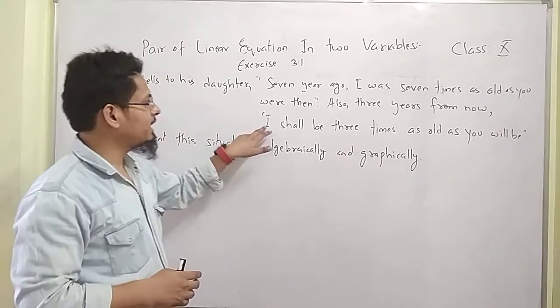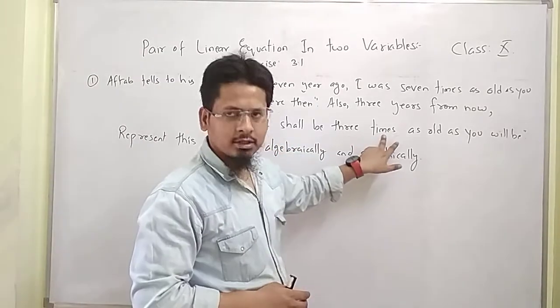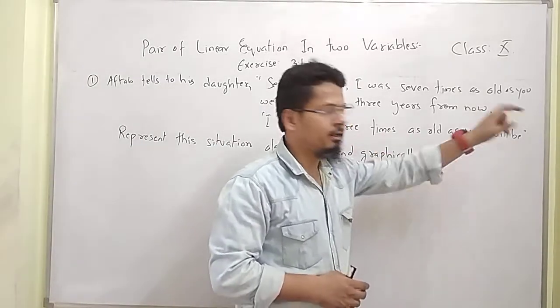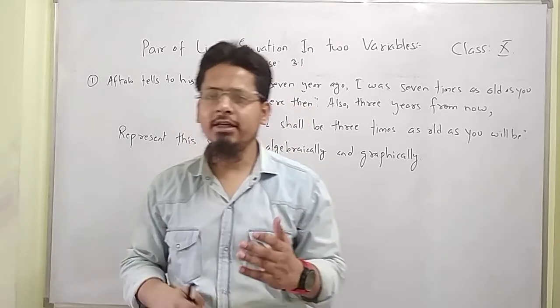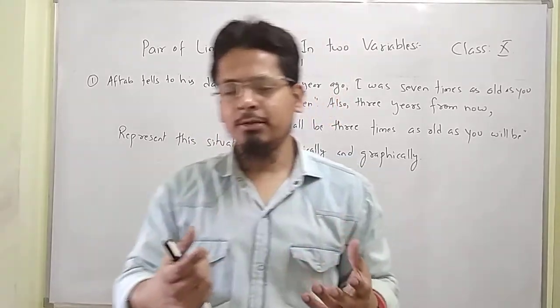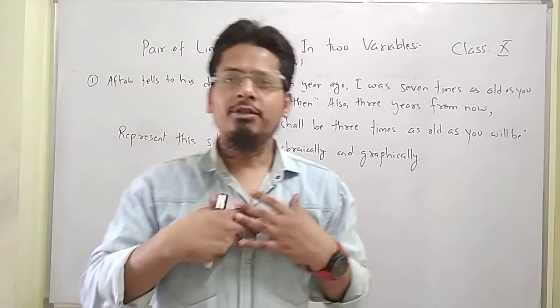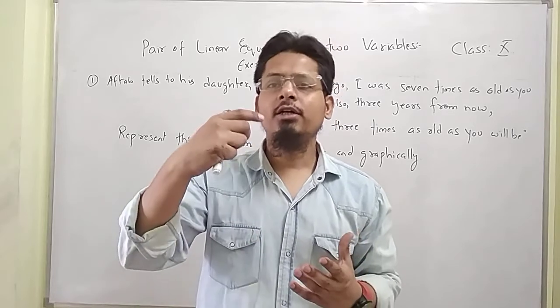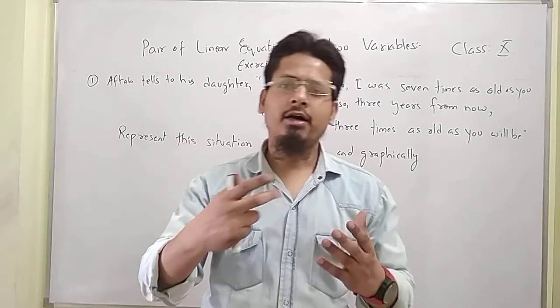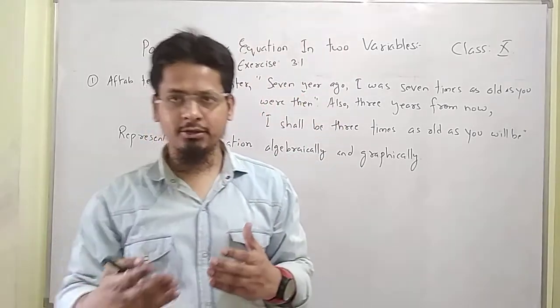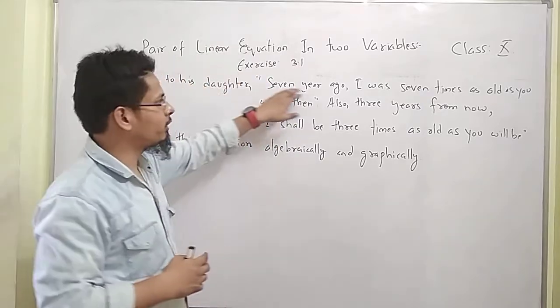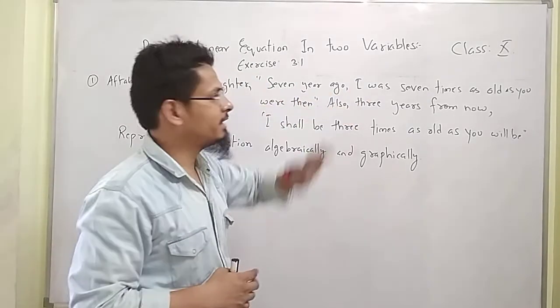So what is said is: I shall be 3 times as old as you will be, meaning the father is saying my age will be 3 times yours. For example, if my age will be 60 years, then you will be 20 years. The age of the father will be 3 times, and 7 years ago what was the relation? I was 7 times.